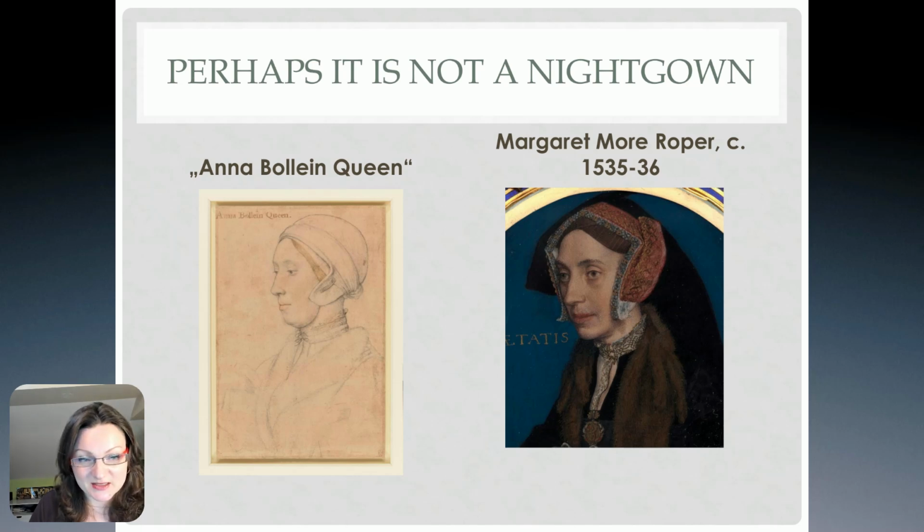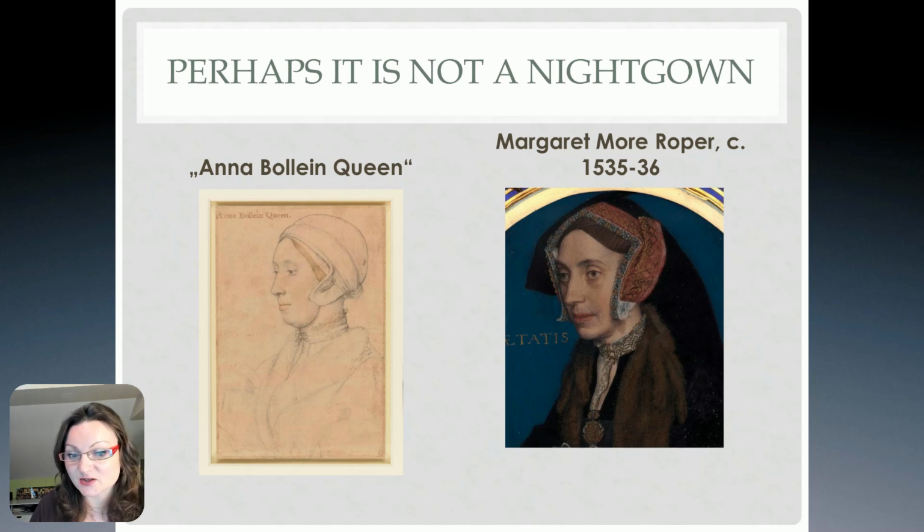If we compare this sketch of Anne Boleyn Queen with a miniature by Holbein of Margaret More Roper, we can see certain similarities in the way the two sitters are dressed. We can see that Margaret has this shirt or chemise fastened at her neck. She has a furred tippet around her shoulders, and she's wearing an English gable hood.